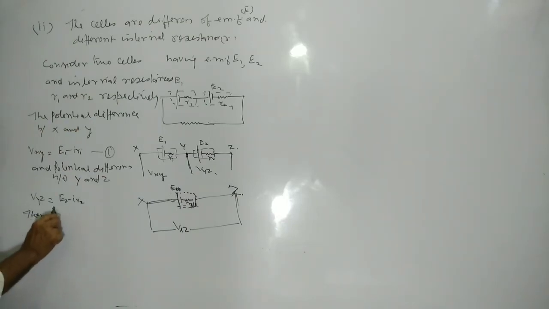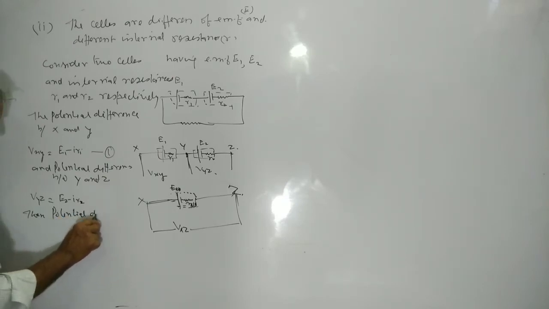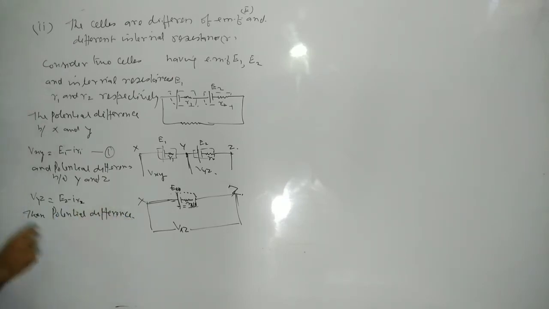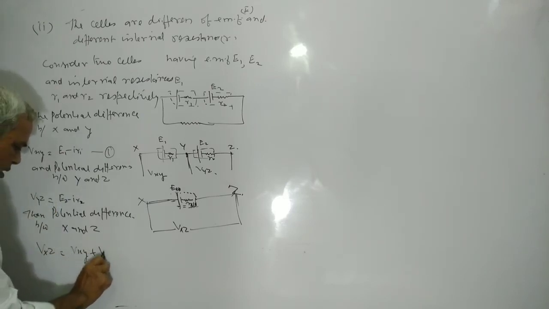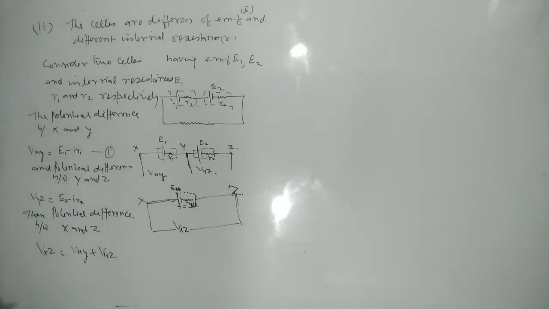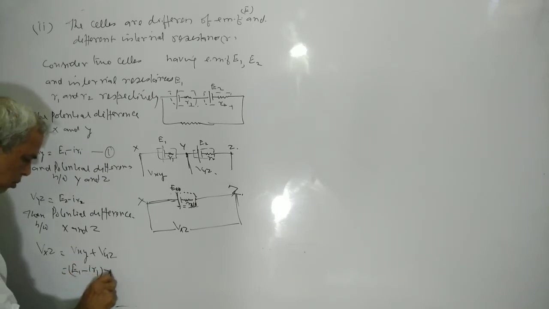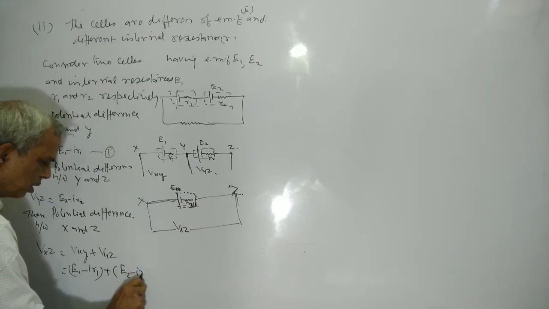Now potential difference between X and Z. So VXZ equals VXY plus VYZ. The potential of this cell and potential of this cell is added. Then finally E1 minus I r1 plus E2 minus I r2.